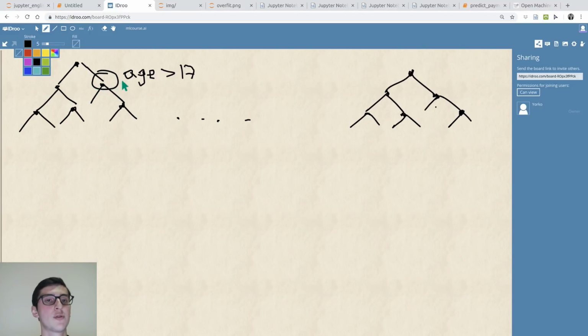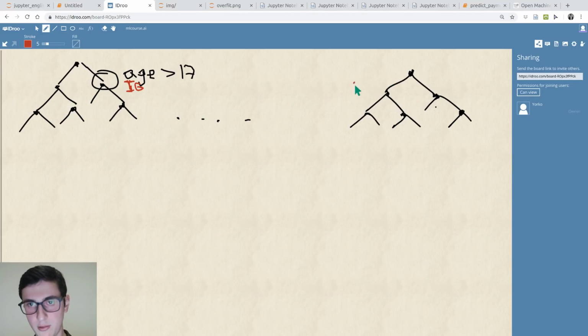Remember we choose features and splits based on information gain. So I can just record information gain for age in this decision tree. And I can do it for all splits based on age. So maybe in a final tree there is some other split with age, and I'll just record information gain for this split in the last tree.